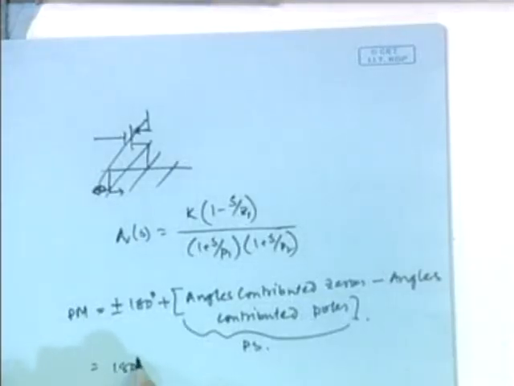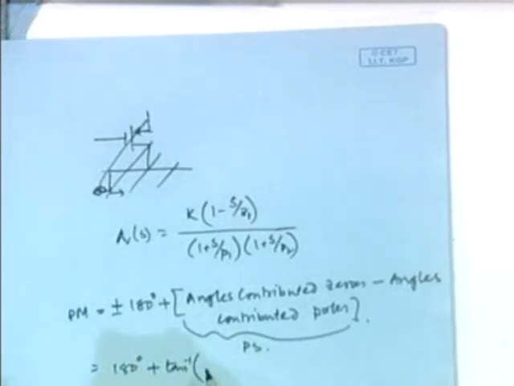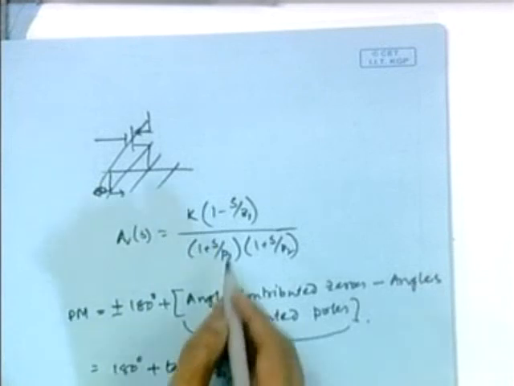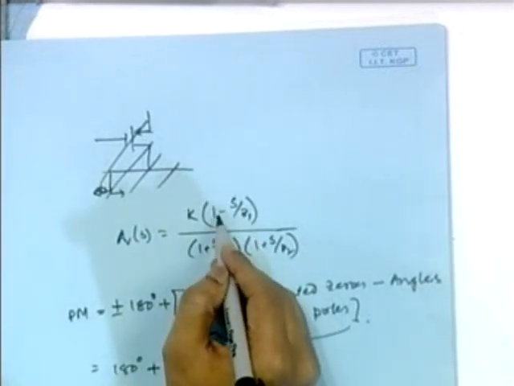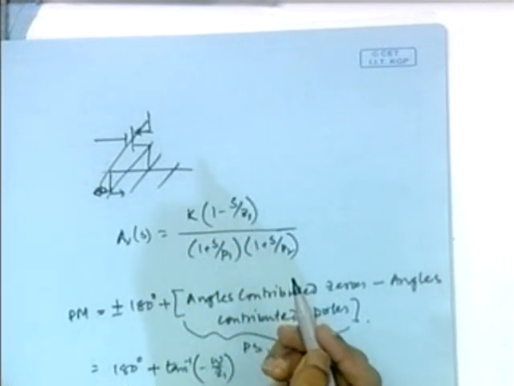So here in this case, this is 180 degree plus tan inverse of minus omega by z1. Why this minus? Because this is a right half plane zero, as you can see, 1 minus s by z1. And what is omega?